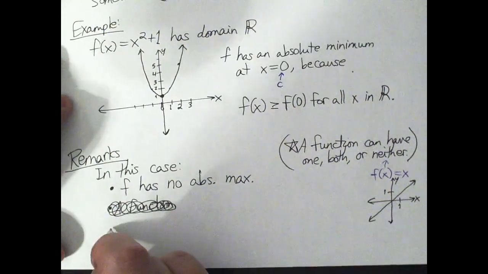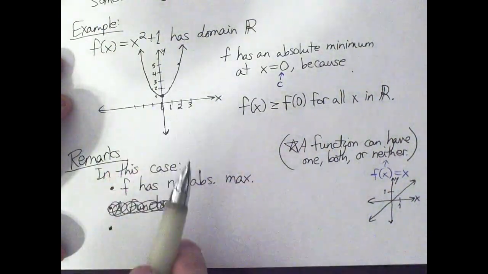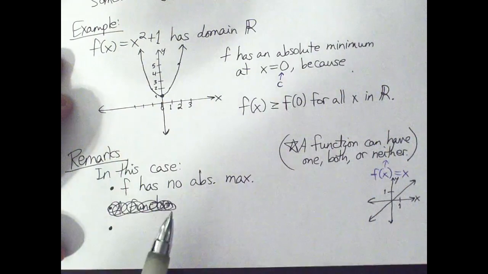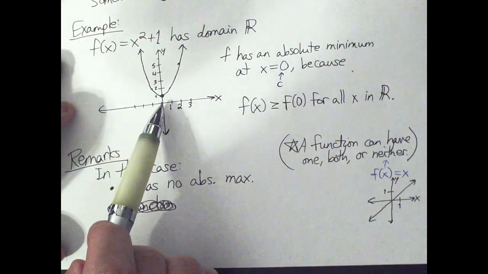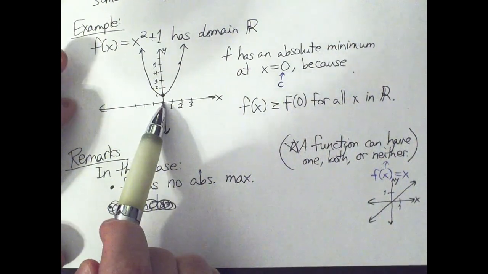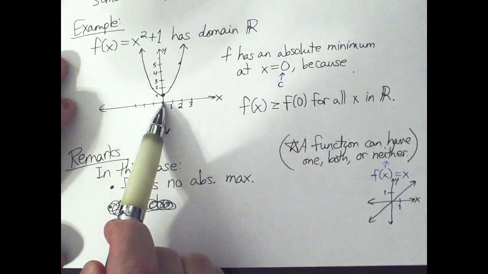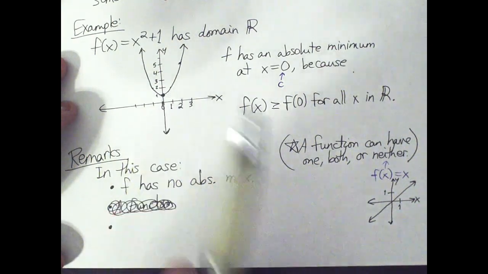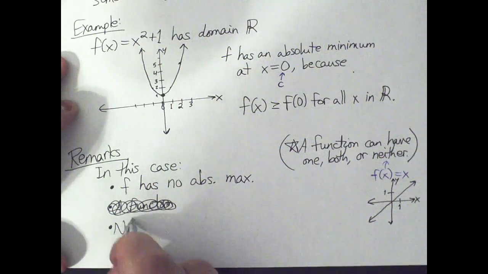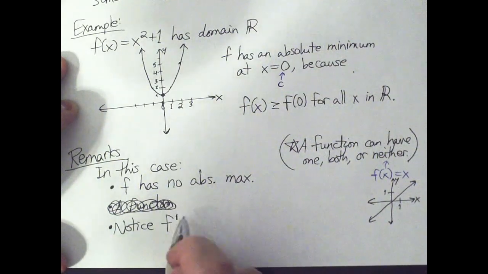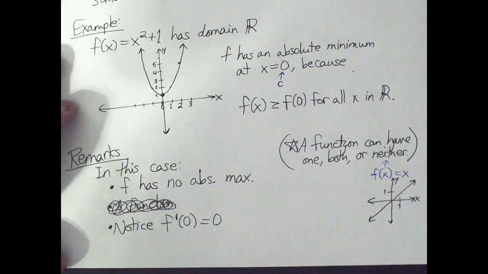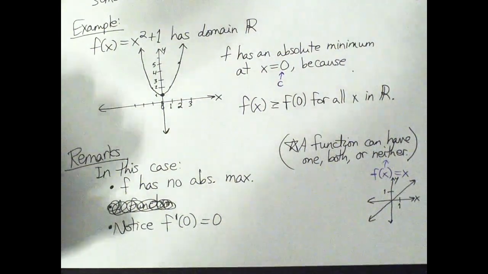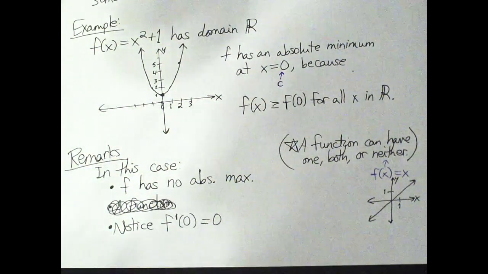Anyway, one more remark about this example. What do you notice about this place where the absolute minimum is occurring? It's happening at x equals 0. What else special is happening at x equals 0? Maybe something involving the derivative. Look at that derivative there. We notice that f prime of 0 seems to be 0. Now, on this page, that's the first time I've mentioned the derivative.